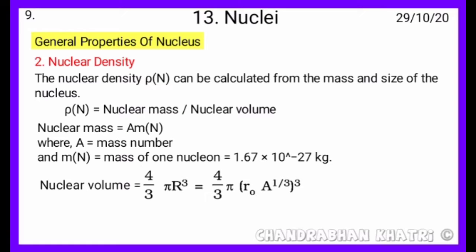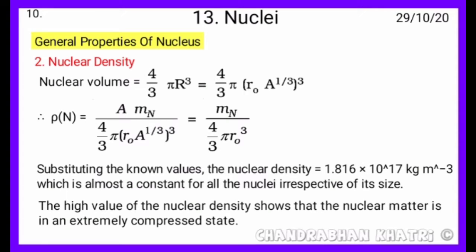That one is equal to 4 by 3 pi into R naught into A raised to power 1 by 3's whole cube. Or we can write rho n, that is nuclear density, is equal to A Mn upon 4 by 3 pi R naught into A raised to power 1 by 3's whole cube.